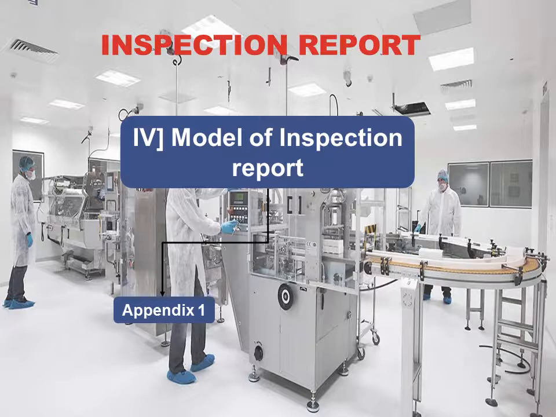Part number 3, a list of deficiencies. Part number 4, outcomes. Part number 5, list of GMP guidelines referenced in the inspection. Part number 6, assessment of the company's response to final conclusion, risk ratio, and next due date.